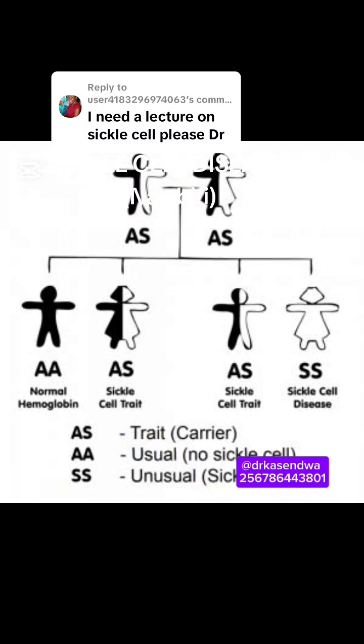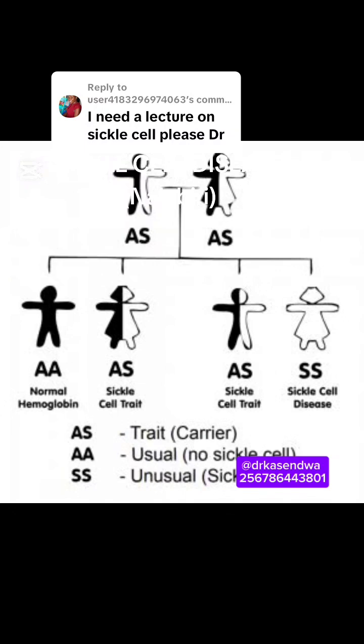The mutation in the gene that codes for this hemoglobin happens at chromosome 11. Remember, the human being is made of 46 chromosomes, but you get 23 from either of your parents, of which 22 are autosomal and 1 is the sex chromosome. Of those 22 autosomal, chromosome number 11 has the genes that code for the beta chain of hemoglobin.